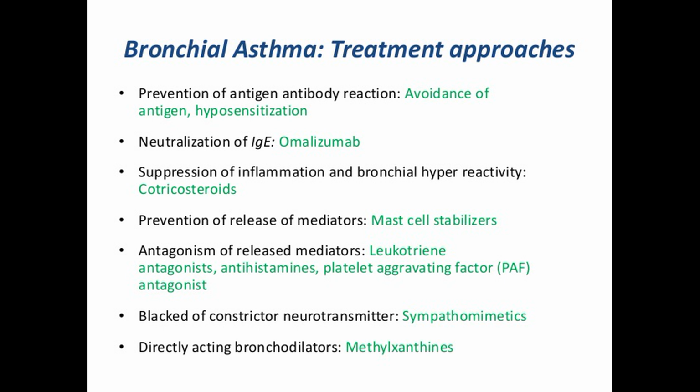Relief medications include short-acting bronchodilators, systemic corticosteroids, and ipratropium.